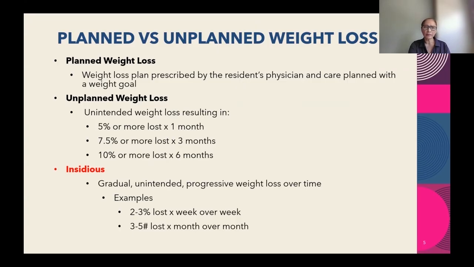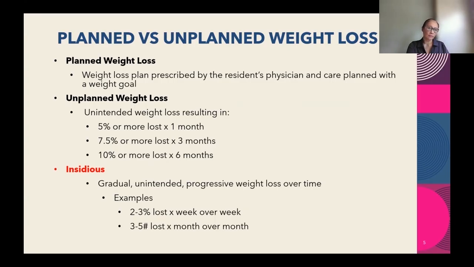And there's actually a third definition, which is probably the most commonly overlooked when we are reviewing the weights, whether that's weekly, monthly, etc. So insidious is a gradual, unintended, progressive weight loss over time.